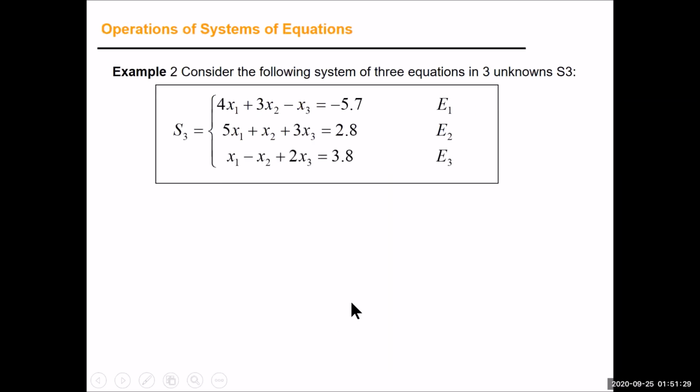How about a three-variable system? Three equations, three unknowns. When we think about the graphical method, what does this first equation mean? There are three variables, x1, x2, x3. This is no longer a straight line, but rather a flat plane, a surface.